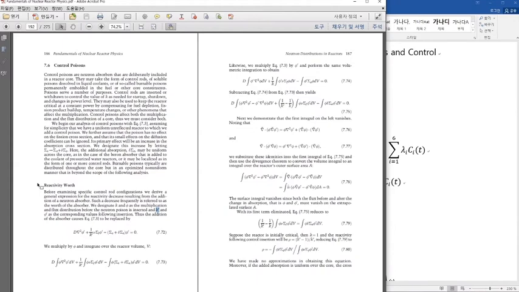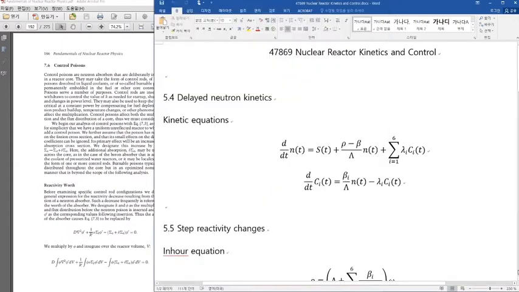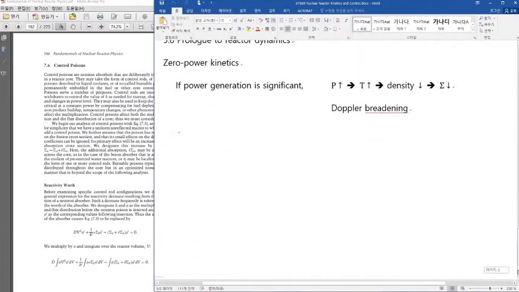So let's try one by one. In fact, we are in chapter 7, section 7.6.